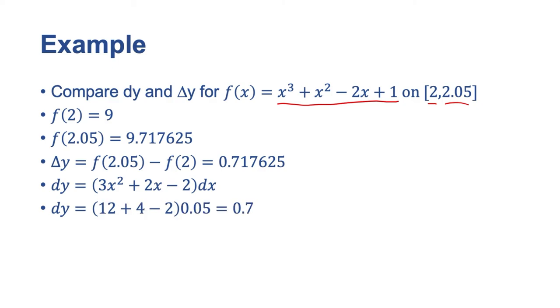So our dx is going to be this minus this. So we can say that dy is equal to 12 plus 4 minus 2 times 0.05, and that is going to be 0.7. So that is the differential that we just found for this function between 2 and 2.05.